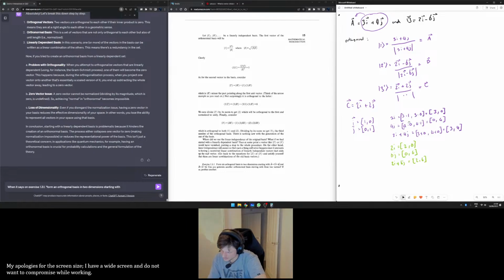And then now we want to take the inner product of the two. So the inner product of A and B is equal to 3 times 2 plus 6 times 4. 6, 12, 18, 24.